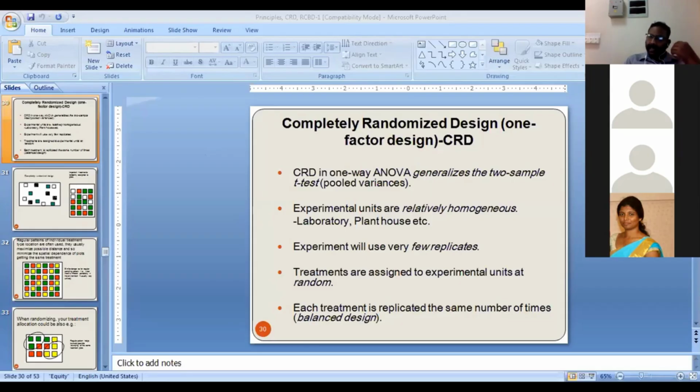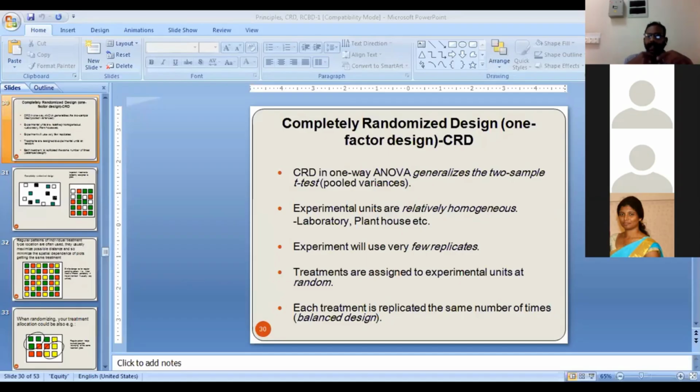Conventional means that is the lower level of design. We are going to talk about the advanced designs later on. This is like a foundation for all the designs, right?